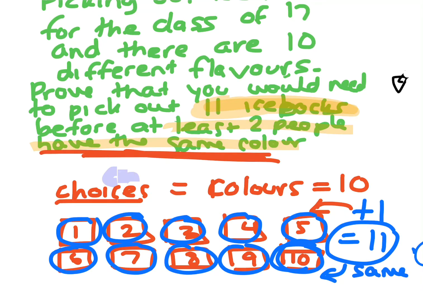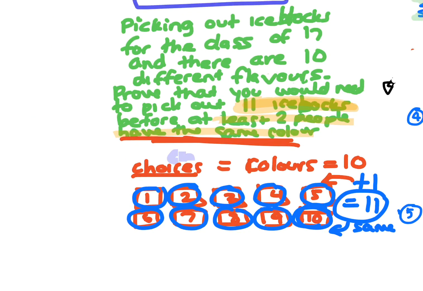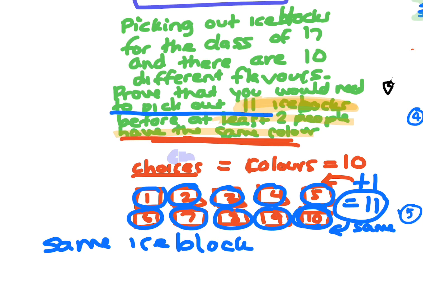And the same scenario as I was saying before, you could in fact have everybody having the same ice block, but that still matches this statement. At least 2 people have the same colour, even if you had all 17 with the same colour.